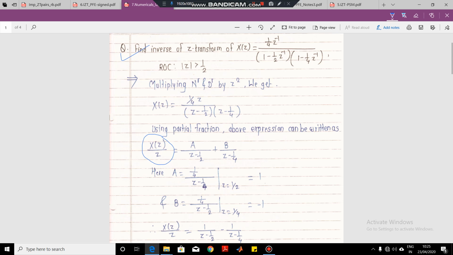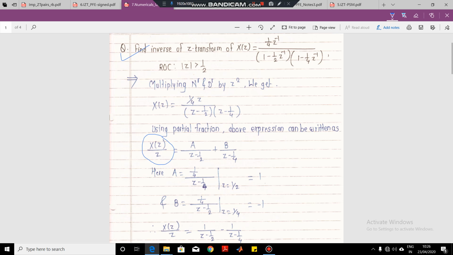In order to get this x of z upon z, since here it is a z raised to minus 1, in order to get the power with the z here, we have to multiply this by z square. See here there are two z squares, so multiply the numerator and denominator by z square.